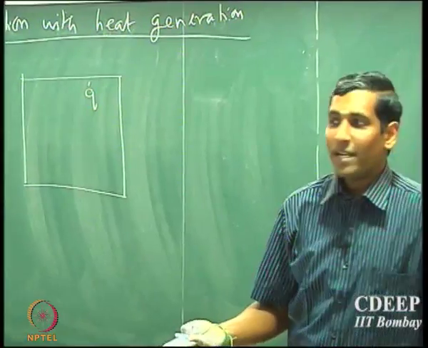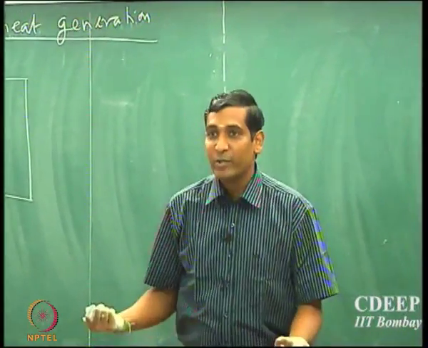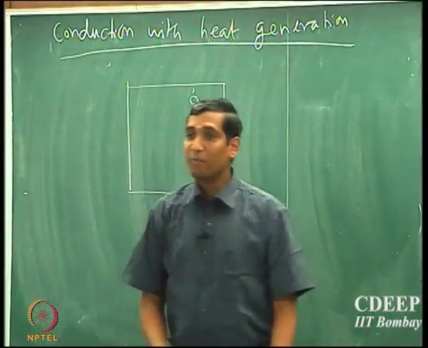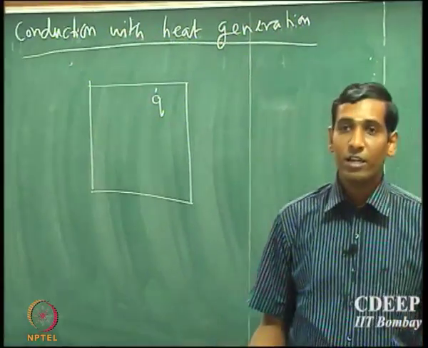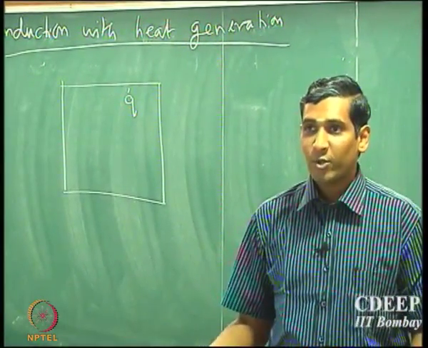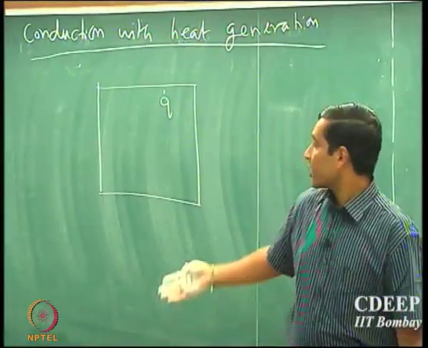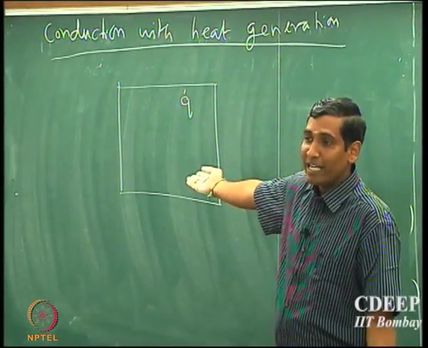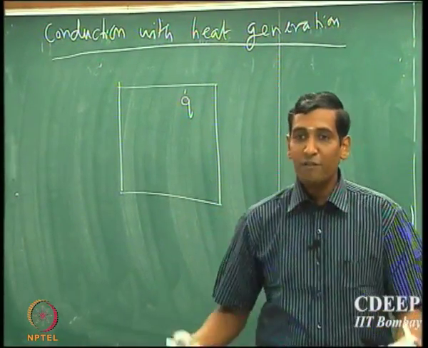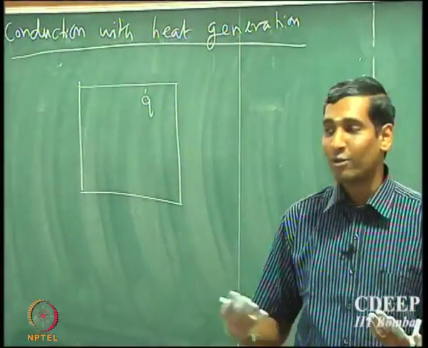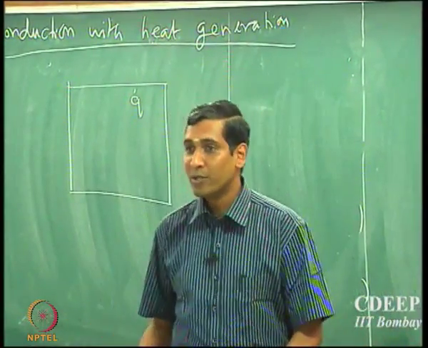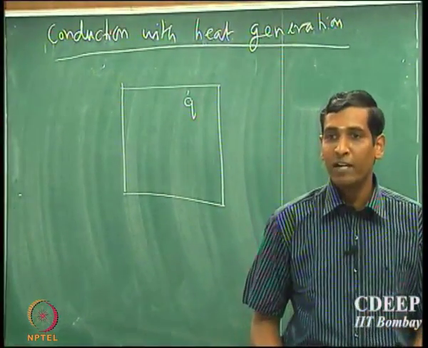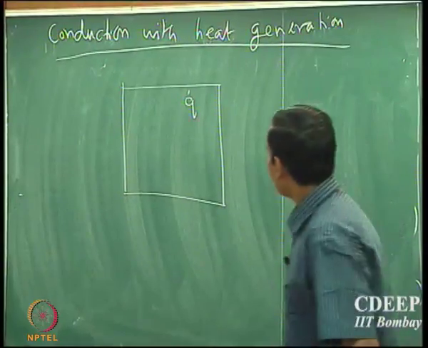For example, there could be an electrical heating system inside that is generating heat in the slab, or it could be some reaction, such as an exothermic solid reaction, inducing heat inside the slab. There could be many different mechanisms by which heat is introduced into a system, and so there is simultaneous heat generation and heat transport.